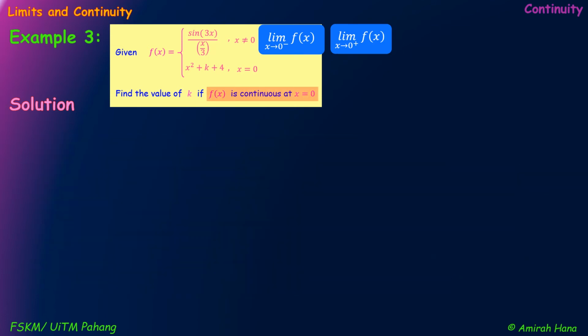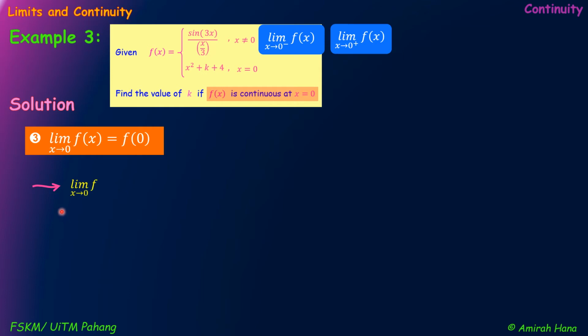We recall that f(x) is continuous at x equals to 0. In this case, we are already given that f(x) is continuous, so we do not need to follow all the three conditions step by step, but we can use one of the conditions. From condition 3, the limit as x approaches 0 of f(x) equals f(0). So from here, let's find the left hand side first: the limit as x approaches 0 of f(x).